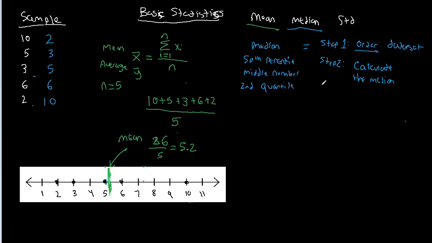And in order to calculate the median, there actually is an equation. But that equation depends on whether or not n, the number of observations in the data set, is even or odd. Because you can imagine if we're trying to find the middle number, in one scenario, the middle number is literally just the number that is in the middle.